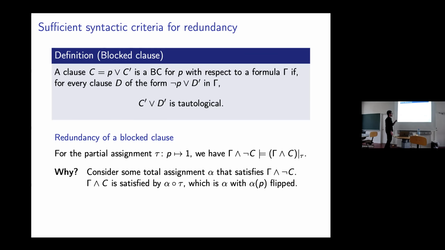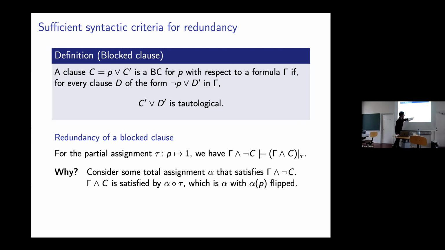You start by considering some total assignment to this point that satisfies this point. Okay. And I'm claiming that this formula is now satisfied by this assignment, which is the composition of tau and alpha. And what this means is you first apply tau when applying this assignment. And then for things that were not assigned by tau, you apply alpha.